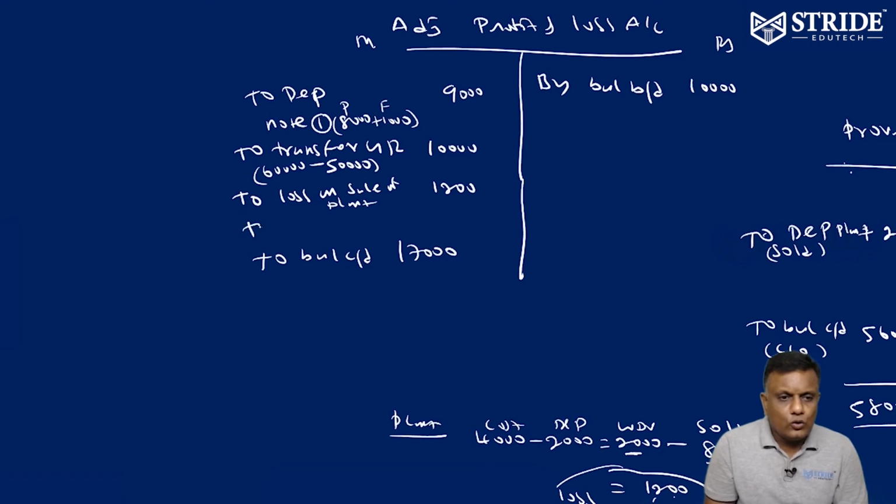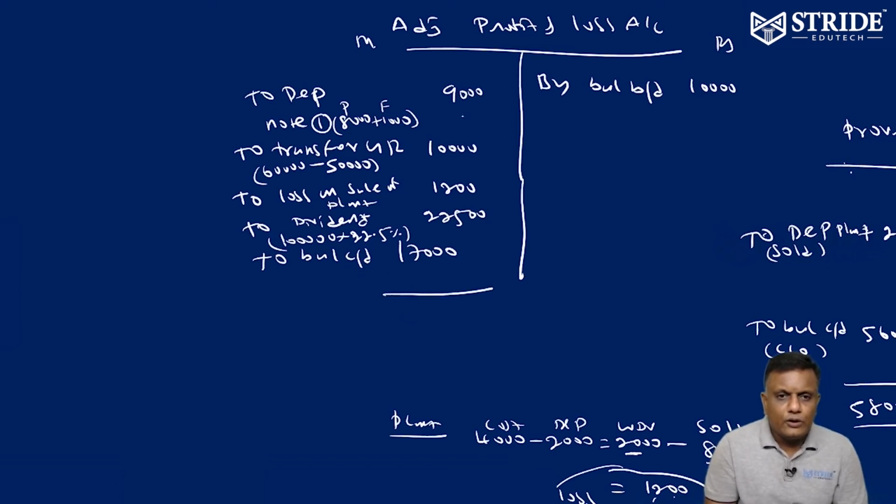Next, dividend. We have to pay on 1 lakh opening equity capital at 22.5 percent, that is equivalent to 22,500, right.